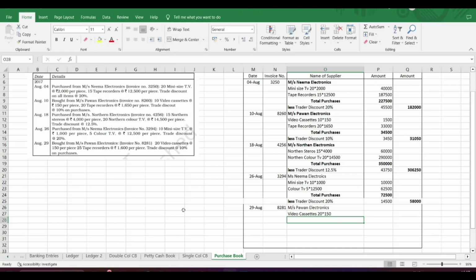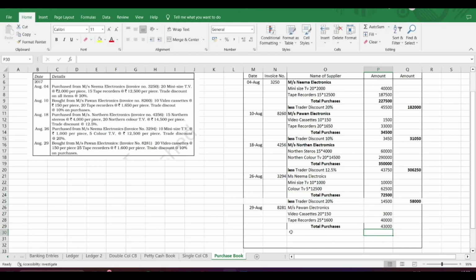So 20 into 150, 3,000 rupees. And we are purchasing tape recorders, 25 pieces for 1,600 per piece. Your total is 40,000. So our total purchases will be 43,000.